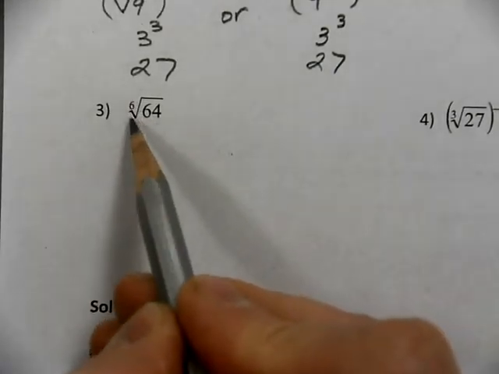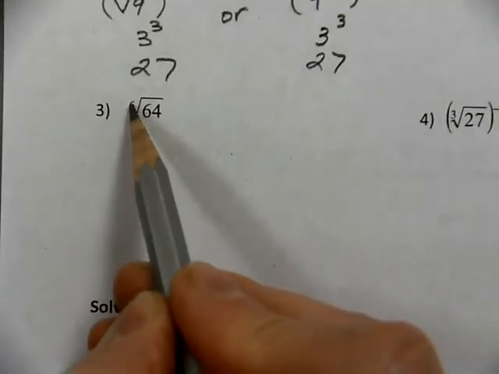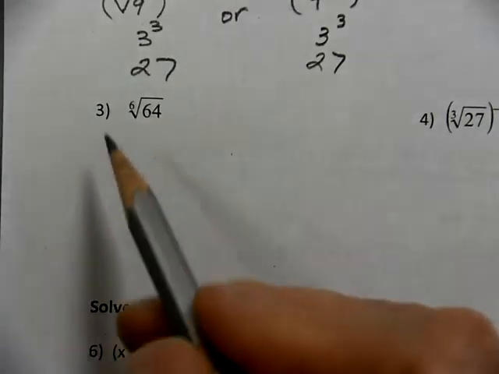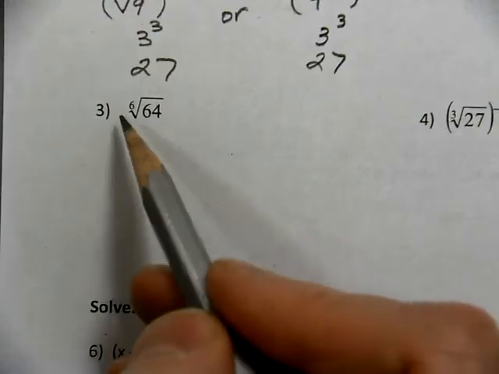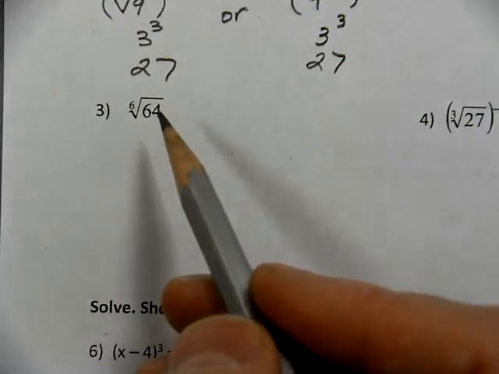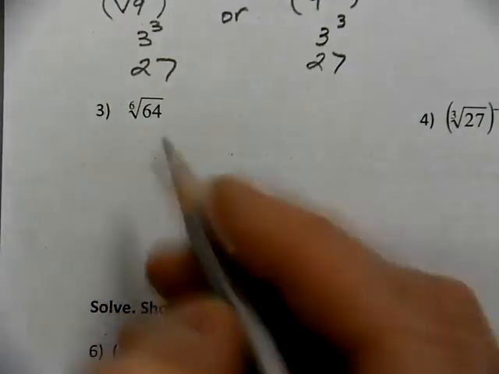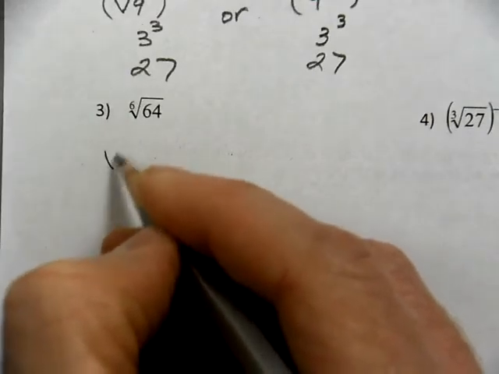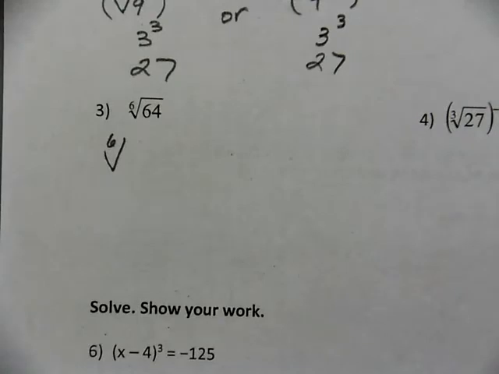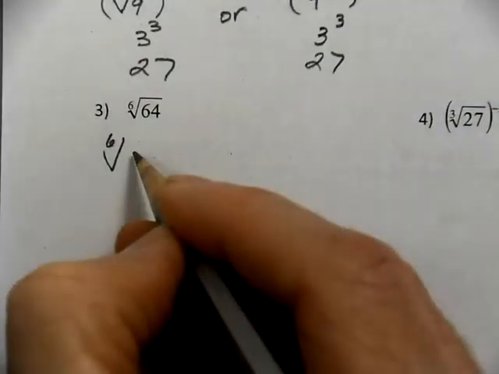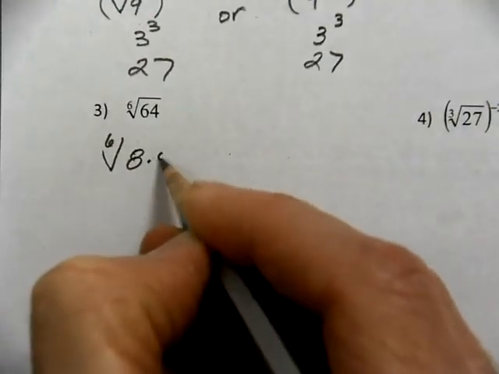Here we have it in a radical format. The index is 6. So this could be 64 to the 1/6, or this is the 6th root of 64. Anyway, we're going to break down 64. How would you break down 64? You might notice that that's 8 times 8.